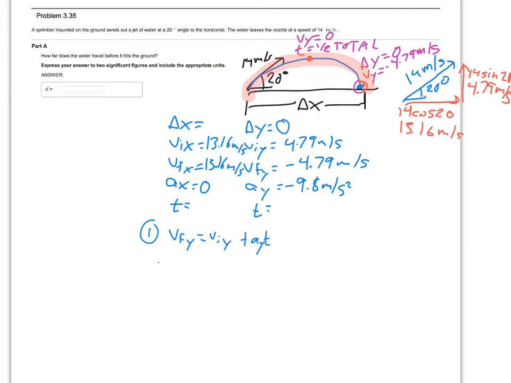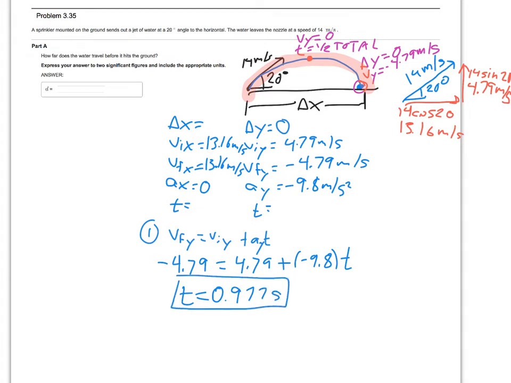I'm going to use the VFY equation, so I'm going to say negative 4.79 equals 4.79 plus negative 9.8 multiplied by my time, and I end up getting a time here of 0.977 seconds. I can then use that on my x side to go ahead and solve for information about how far the projectile goes. So on the x side, I'm going to use my delta x equation.